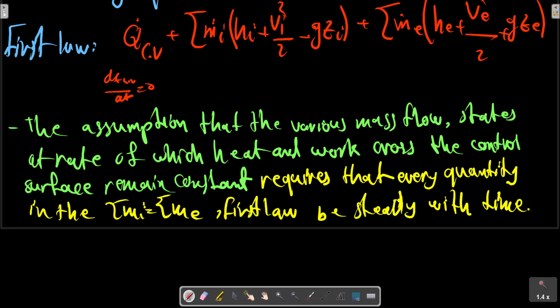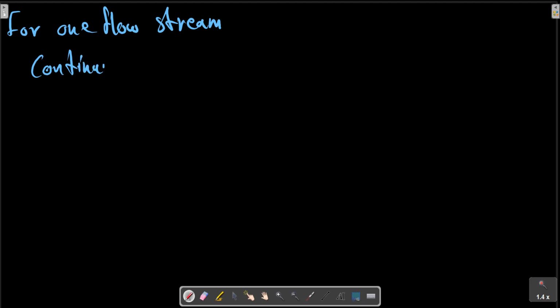For this type of one flow stream, we have the continuity equation and first law.